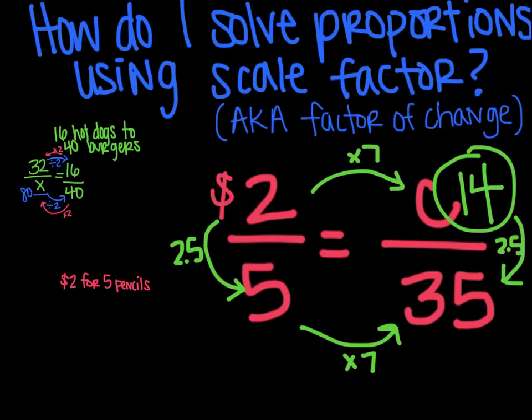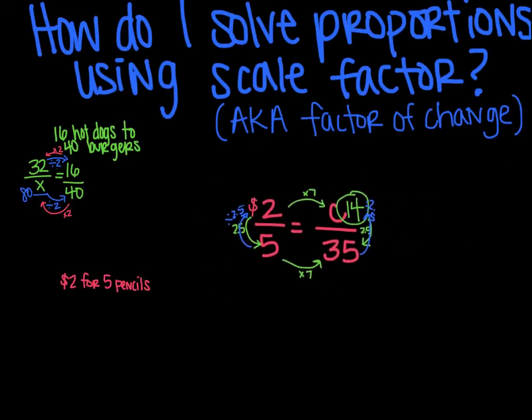Again, you can go the other way and divide by 2.5, and 35 divided by 2.5 will give you the same answers. Again, sometimes going vertically is easier than going horizontally. In this case, horizontally would be easier because you have better numbers to work with, more mental math.